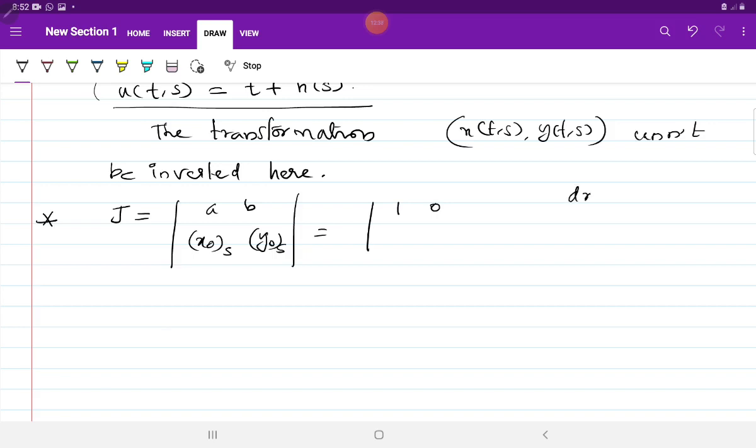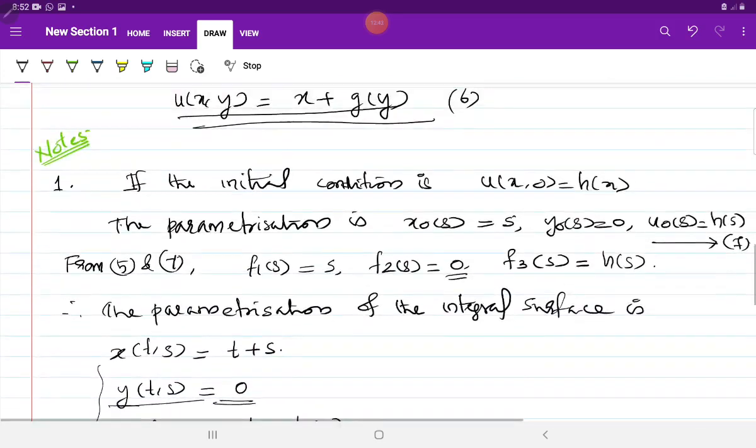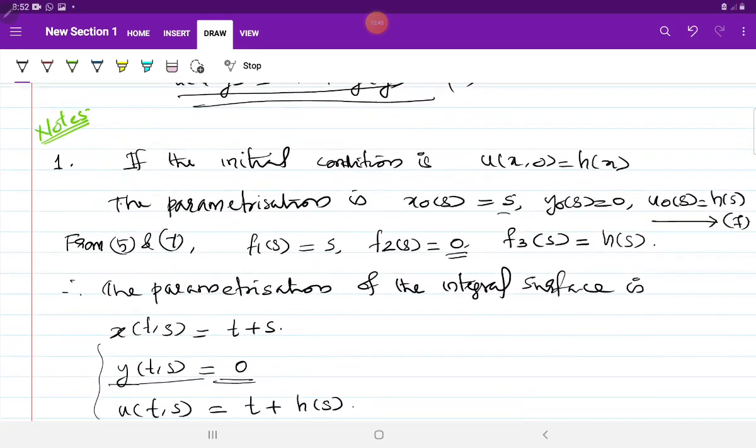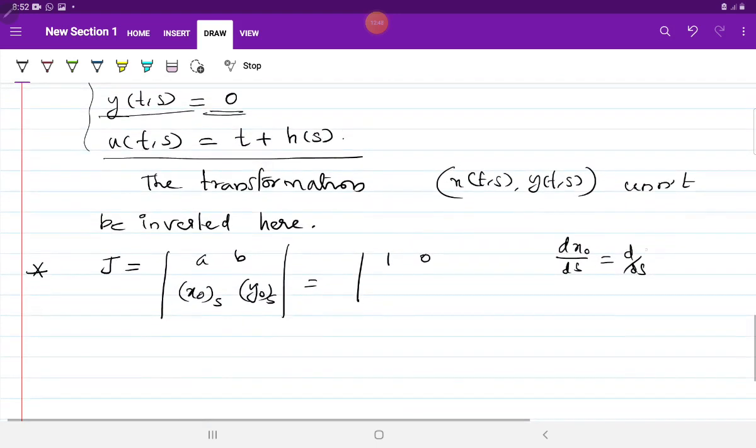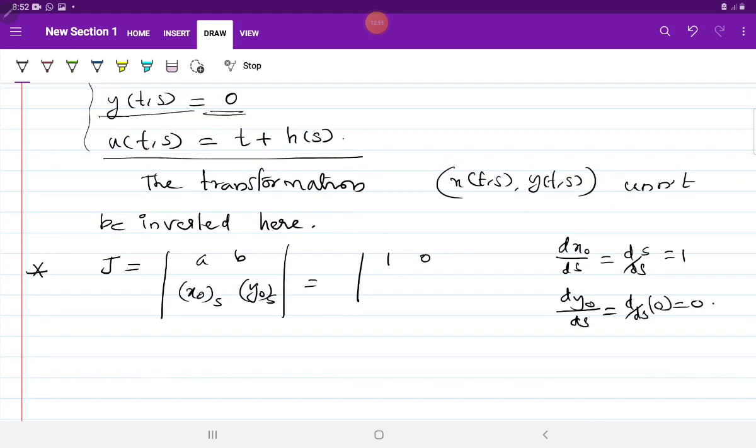What is dx naught by ds? d by ds of x naught, and x naught is s, so dx naught by ds is 1. dy naught by ds is d by ds of 0, that is 0. This is obtained from equation 7. So again this is 1 0 1 0, so the determinant is 0. So the Jacobian is 0 here, and the problem will in general have no solution at all.